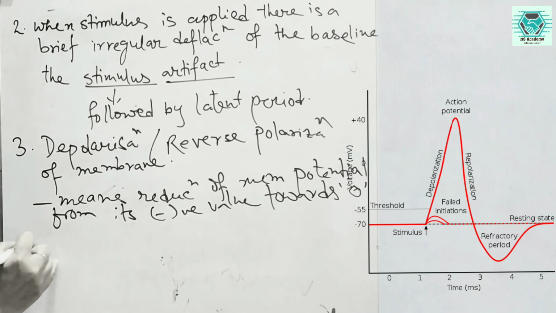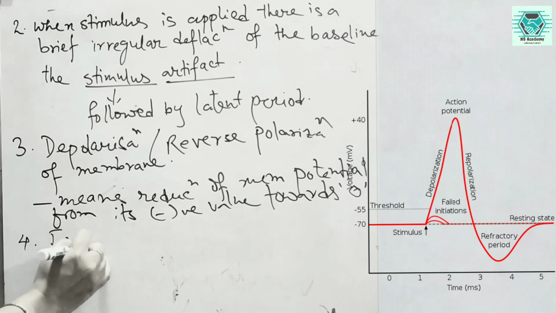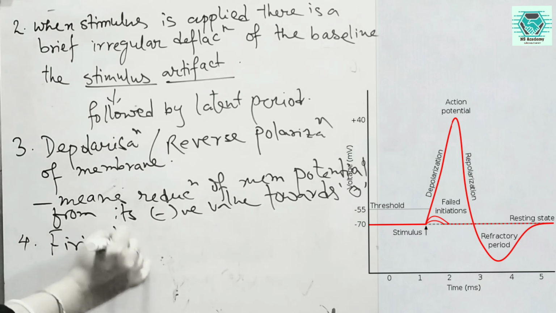So number 4 state is the firing level. Okay. So after the initial 15 mV of depolarization, the point is minus 55. The rate of depolarization increases, and the point at which this change in rate occurs is called the firing level.